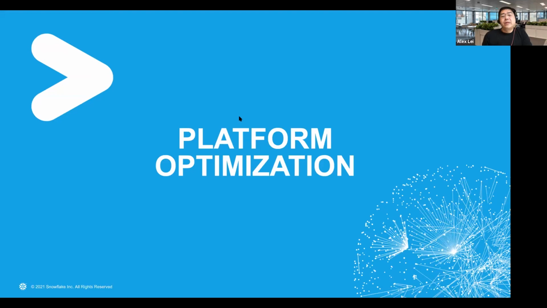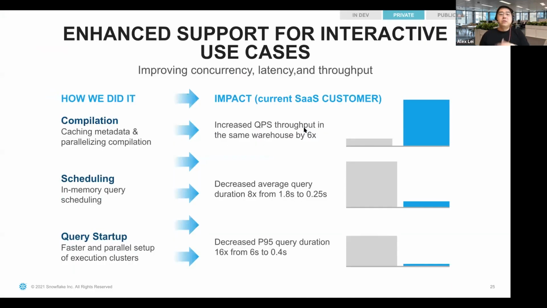Next is to do with platform optimization. These are all under the covers. Over time we've done a lot of improvements in terms of compilation, the scheduling of the memory queries, as well as faster startups of queries themselves.